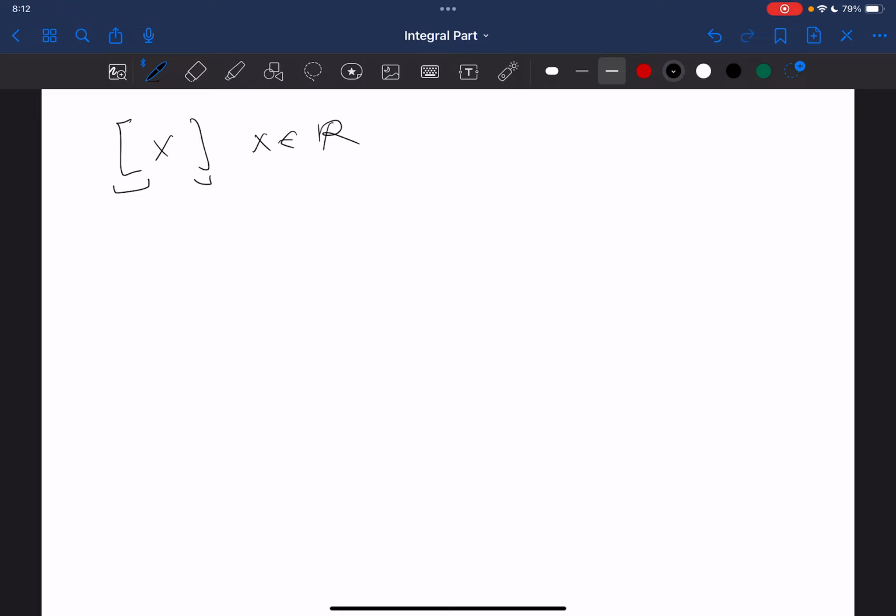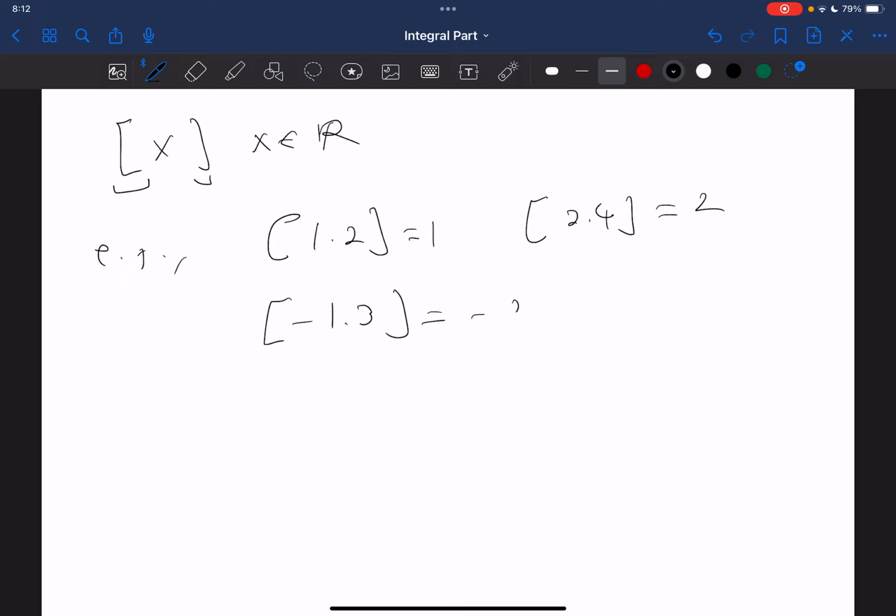So for example, we have the integral part of 1.2 is 1, the integral part of 2.4 is 2, and the integral part of minus 1.3 is minus 2. So it needs to be less than this value, and it needs to be the closest number we can get.